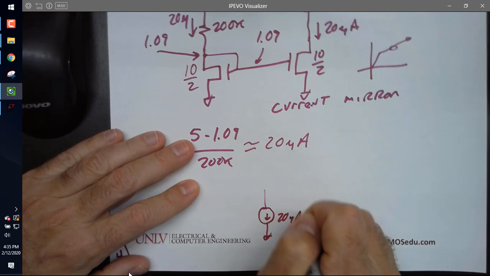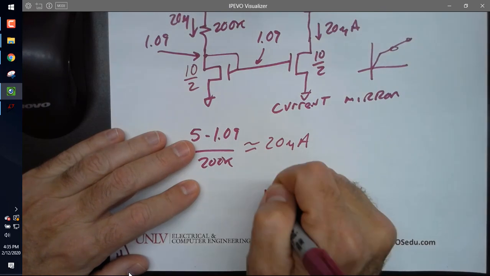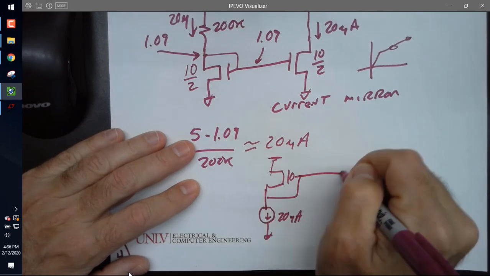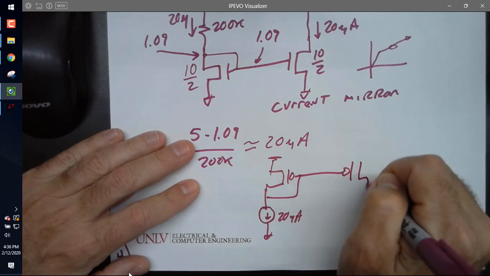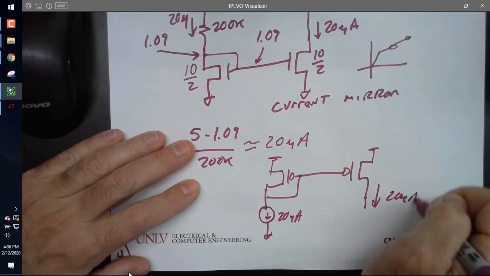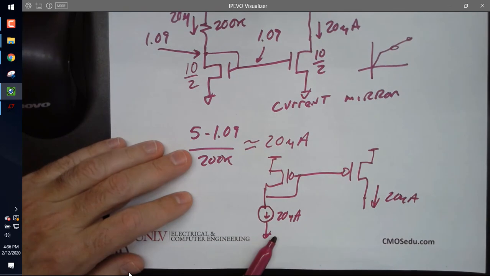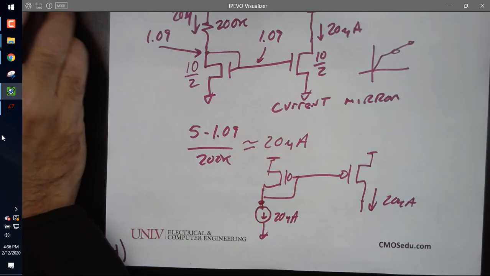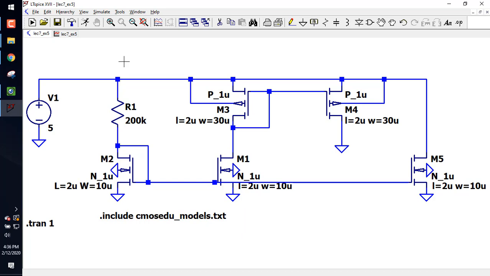That's how I'd represent it. That goes up to the PMOS. And then that gets mirrored over here. And then this would be my output current of 20 microamps. But you see how I think of the NMOS as the 20 microamp source? It's a little confusing because of this circuitry right here.